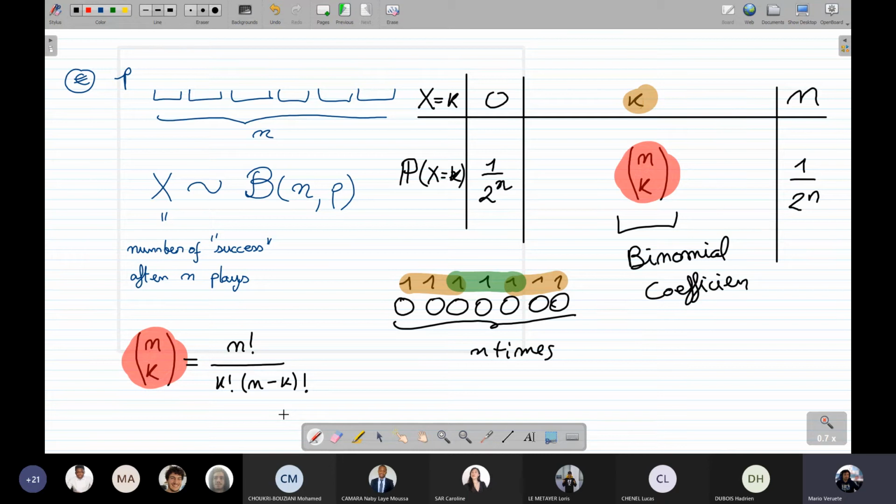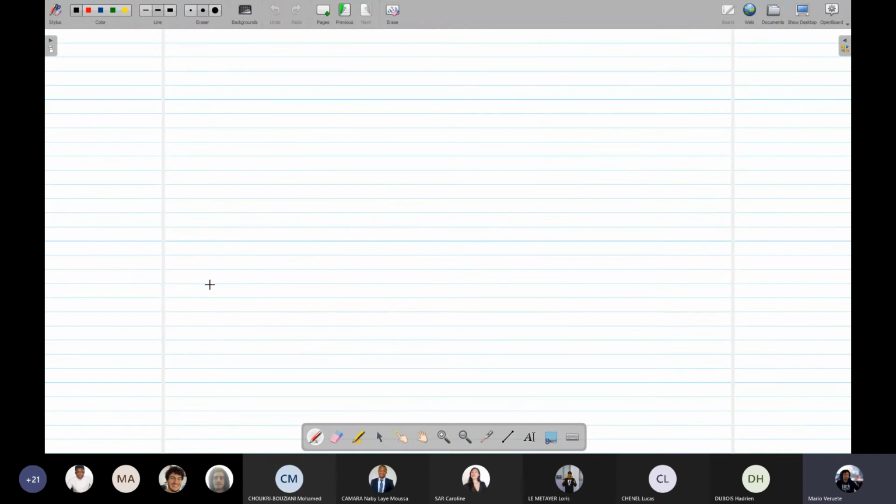Now, this was the simplest case when p equals 1/2, but if you now add the general case, you have this result.